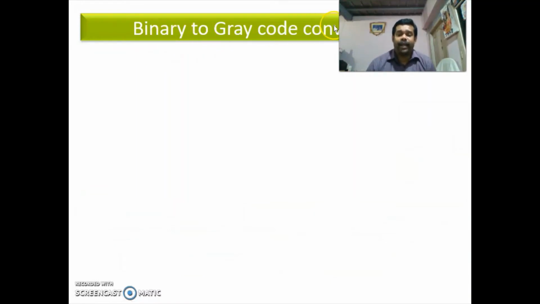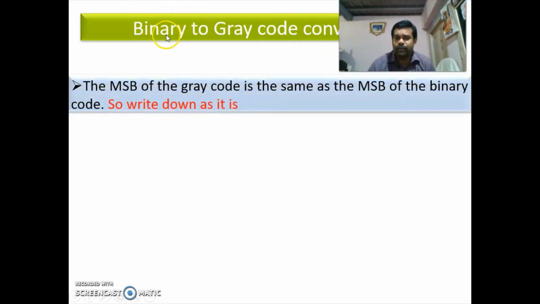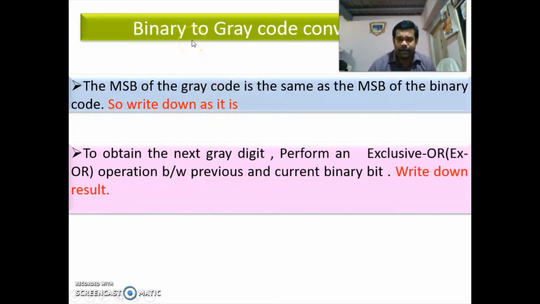So next is binary to gray code conversion. The previous one I have seen is gray to binary conversion. What you have to do in binary to gray conversion is write the MSB as it is in the binary.